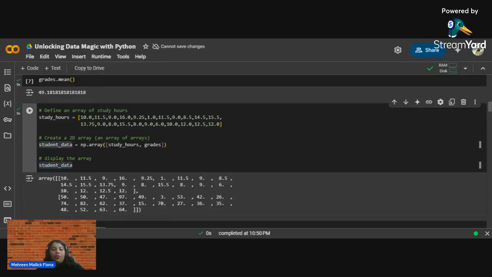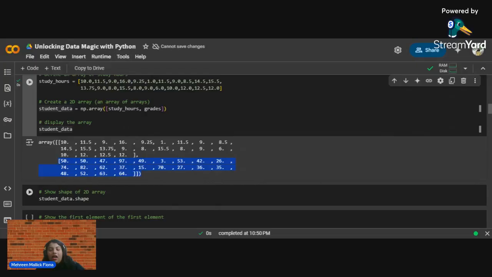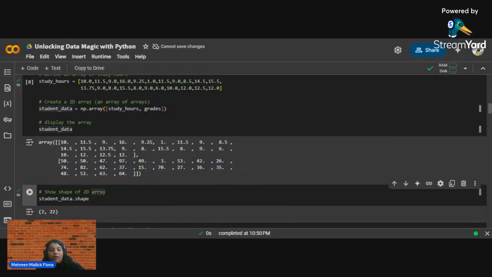Here is one input and here is another input, grades. To cross-check whether it is 2D or 1D, we can call the shape. As you can see, there is 2 comma 22, so we can verify that it is indeed a 2D array. This is how you can verify whether you are dealing with a 2D array.